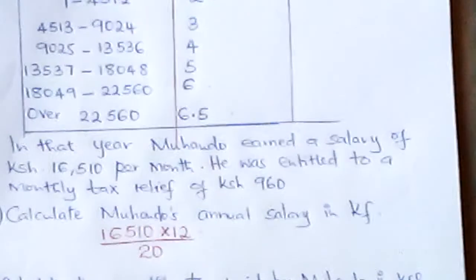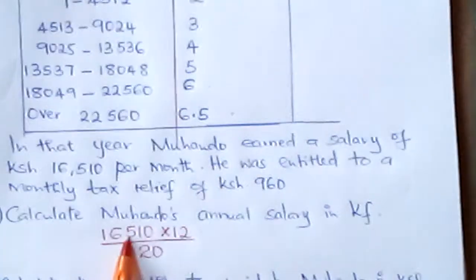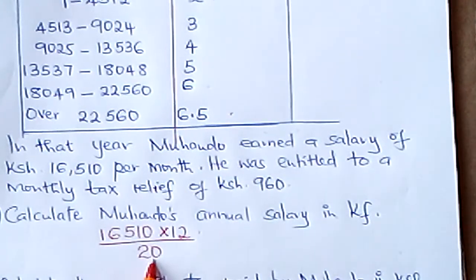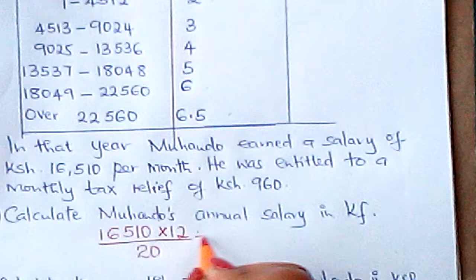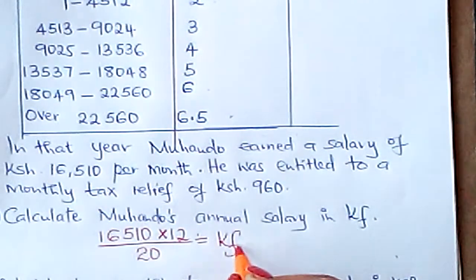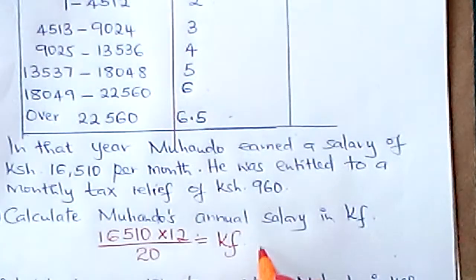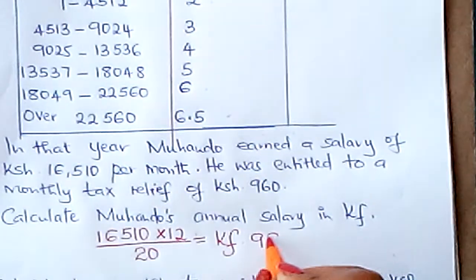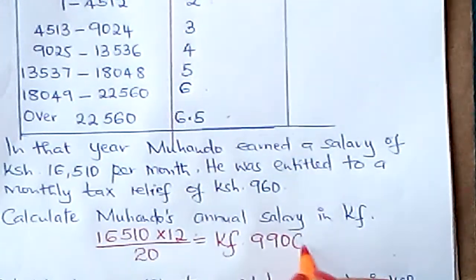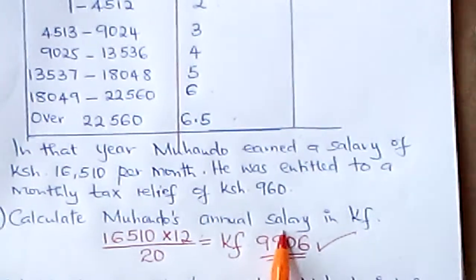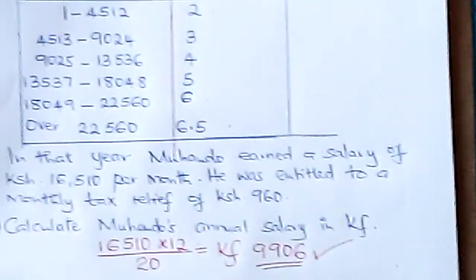Then from here, you use your calculator to get the salary in Kenya pounds, and you should get 9,906. That is Muhando's annual salary in Kenya pounds.